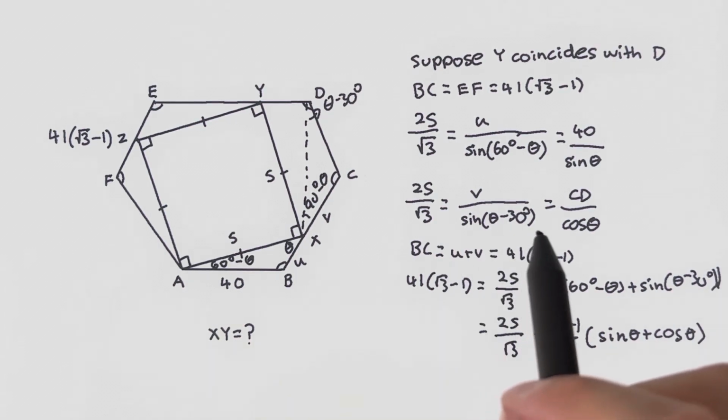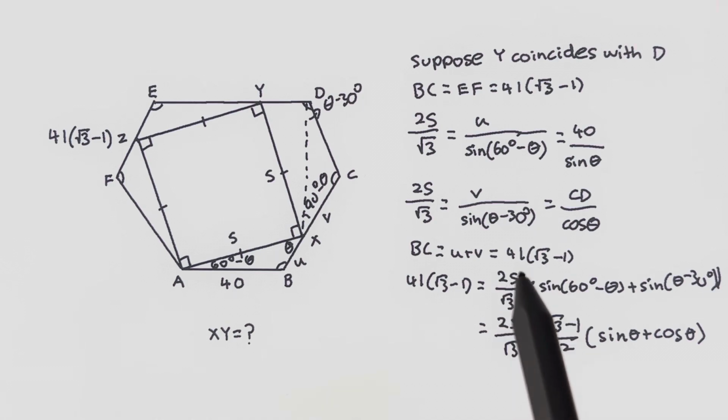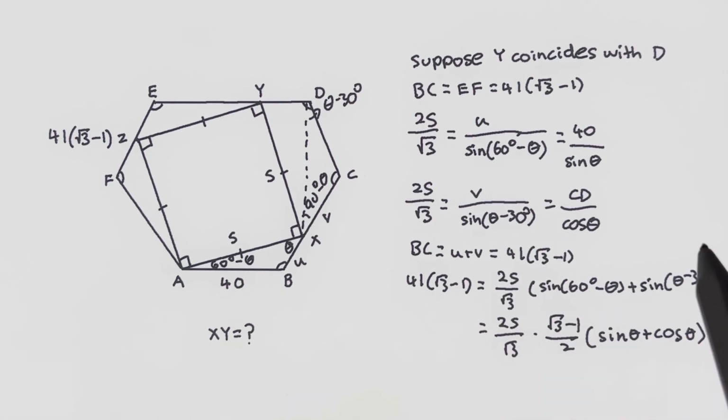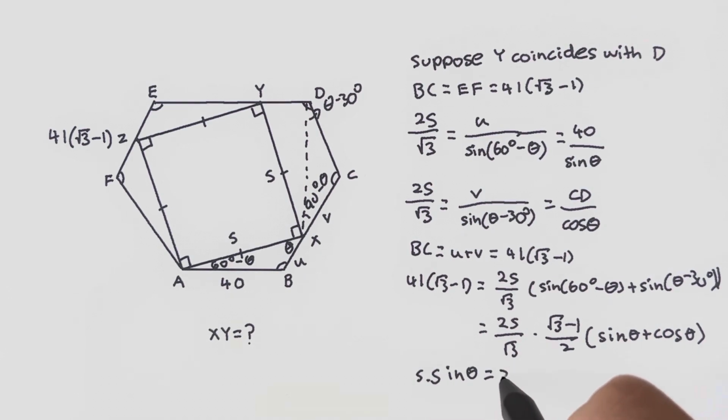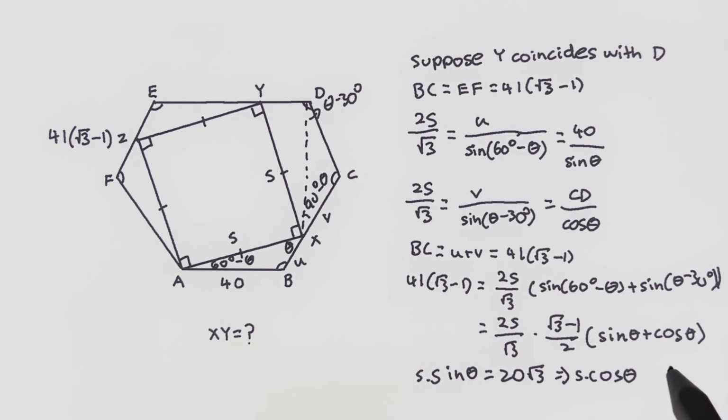From equation 1, we have s times sine of theta equals 20 square root 3. So s times cosine theta will equal the square root of s squared minus 3 times 20 squared.